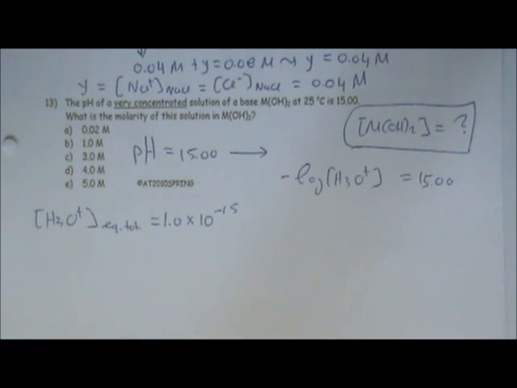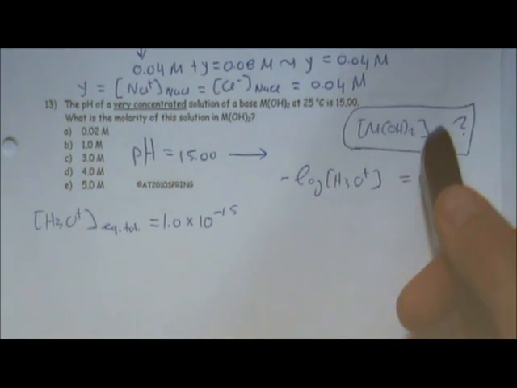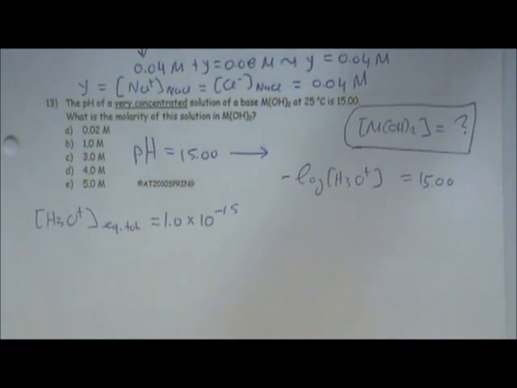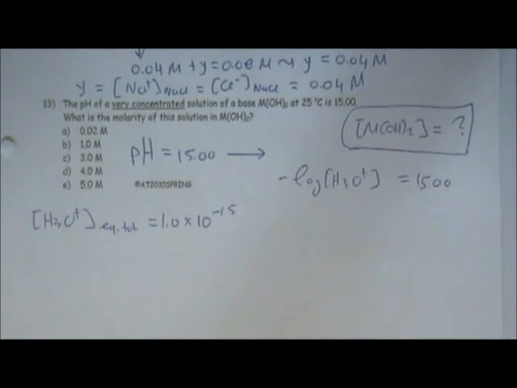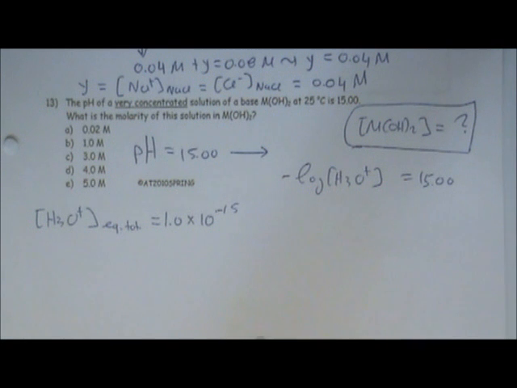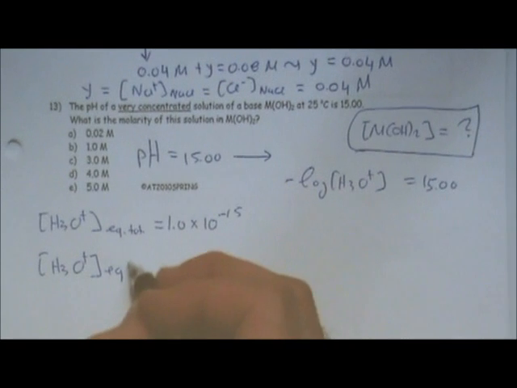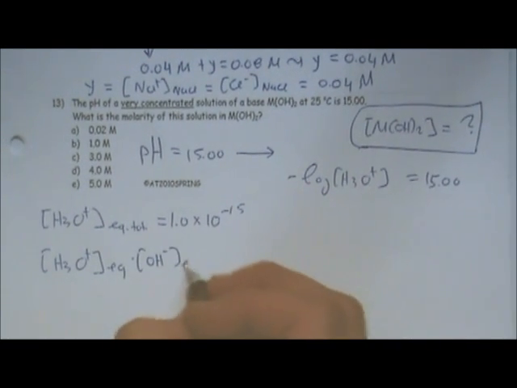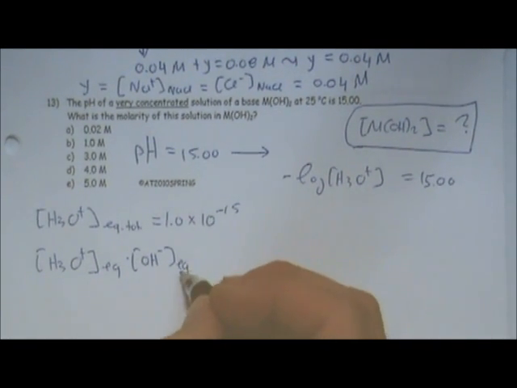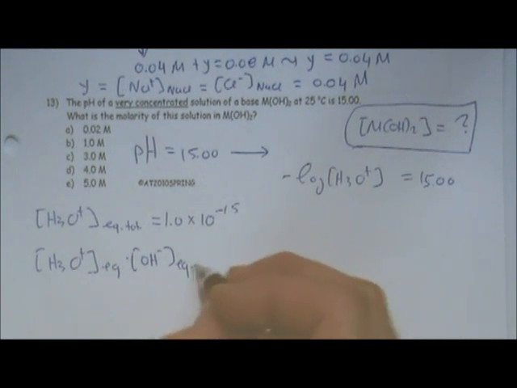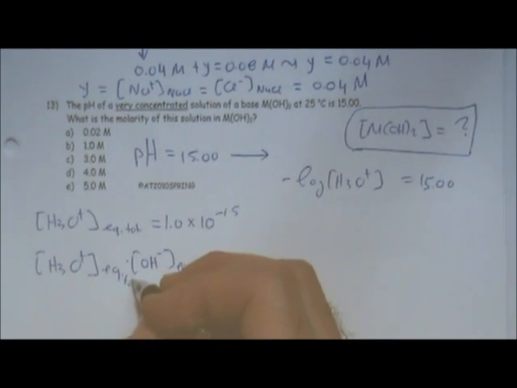Okay, so we know the concentration of hydronium ions. Now we want to go to the base, right? And base has OH minus. The two, H3O plus and OH minus, relate to each other through the ion product of water. So we always have the concentration of H3O plus at equilibrium times the concentration of OH minus at equilibrium, and that's total, whatever sources there are.